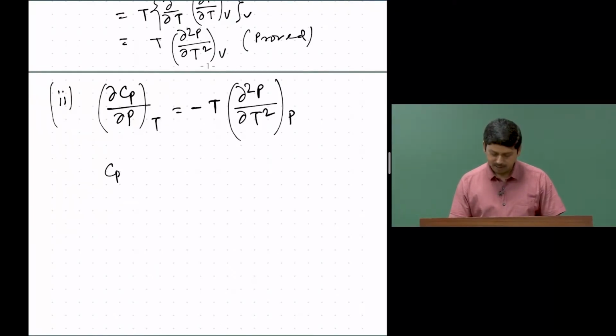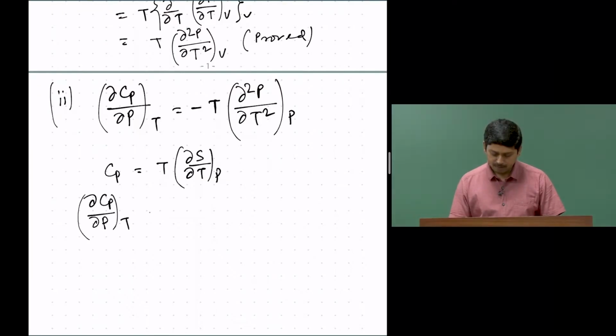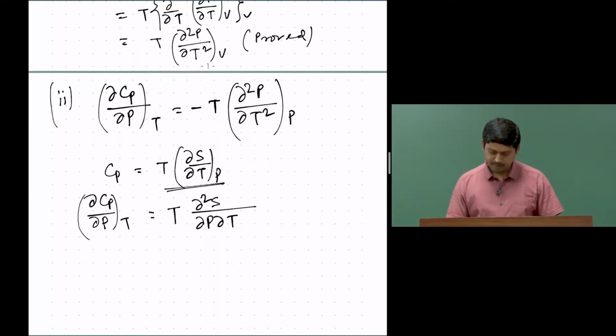Let us write Cp as T ∂S/∂T at a constant P, that is the Cp, and we need to do the derivative of this particular one. So we need to do ∂Cp/∂P at a constant T, which means we have to take the derivative of this quantity at a constant T. So T will come out and we will get ∂²S/∂P∂T.